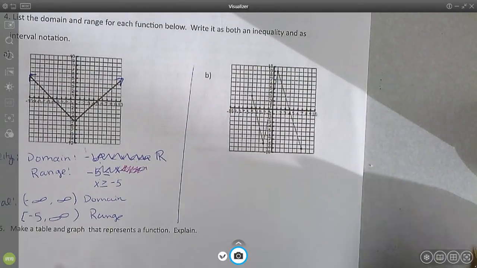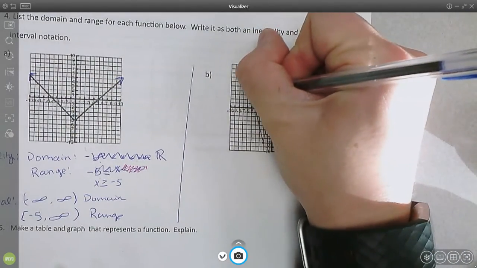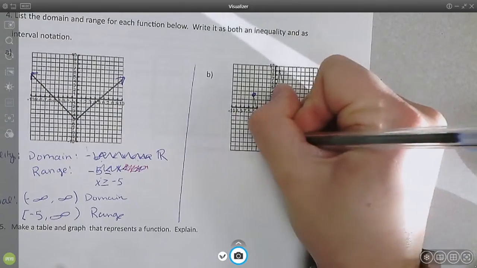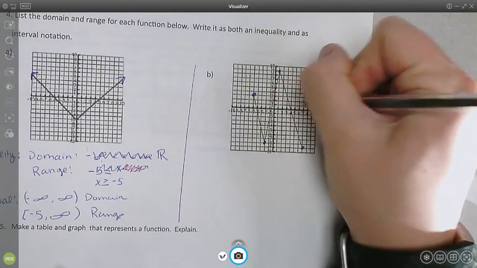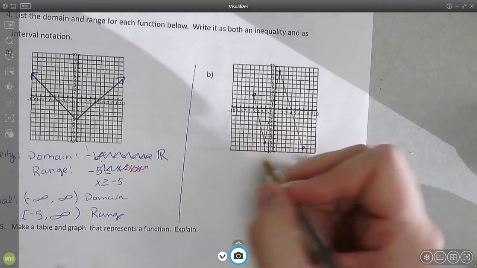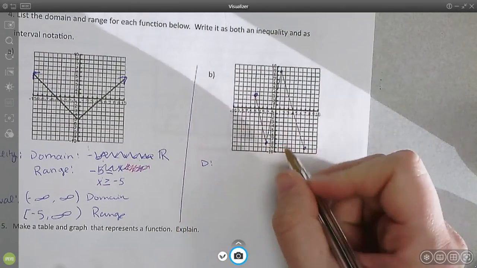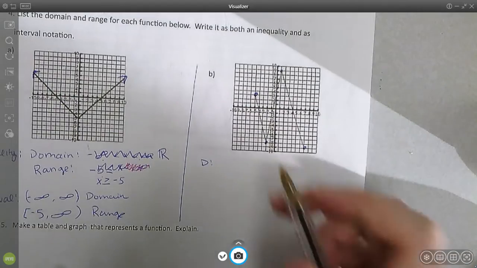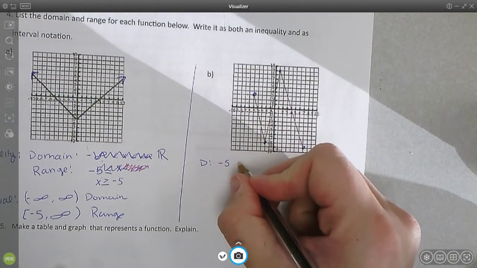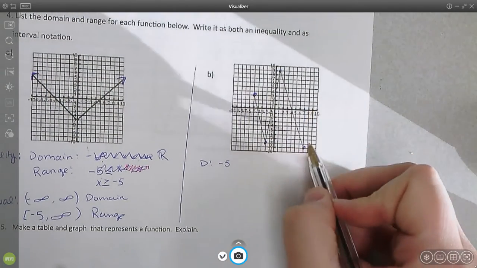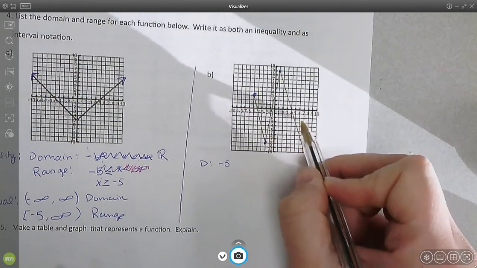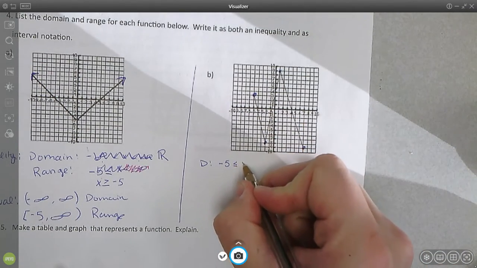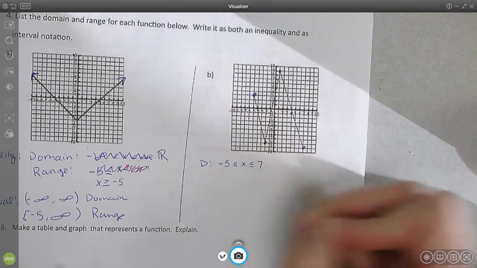Okay, this one, it's kind of hard to see. So let's see, in domain, our inequality, it looks like our smallest x value is -5, and it's going all the way to 8, nope, 7. So -5 less than or equal to x, less than or equal to 7.